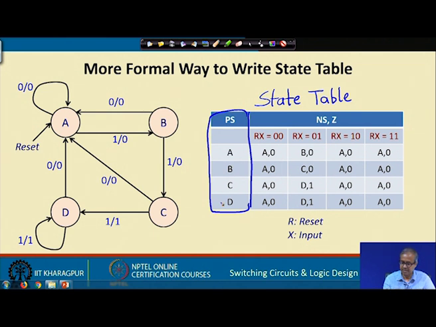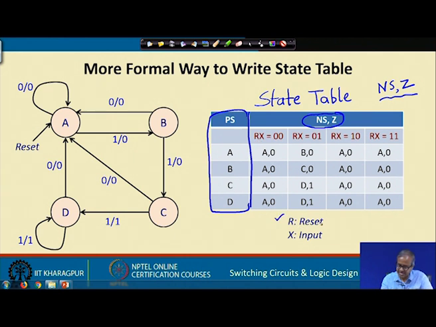The next part of it specifies two things, next state comma Z, Z is the output; next state is where you are going, comma Z is the output value that is being generated. Now, as you can see there are 4 columns in the second part. There is something called R x. What is R x?